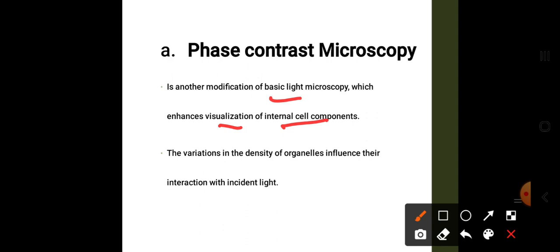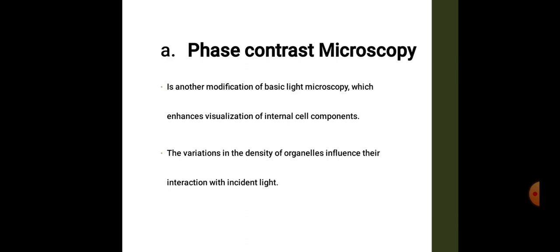The variation in the density of the organelles influences their interaction with the incident light. So if the density of the organelles varies, there is a variation in their interaction with the incident light. This is all about phase contrast microscopy.